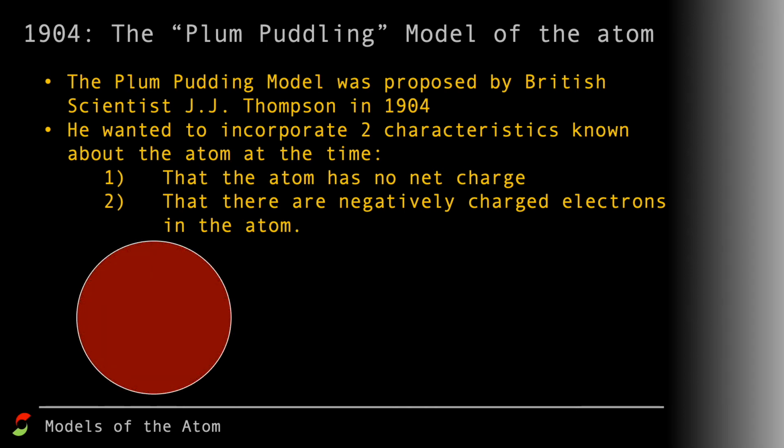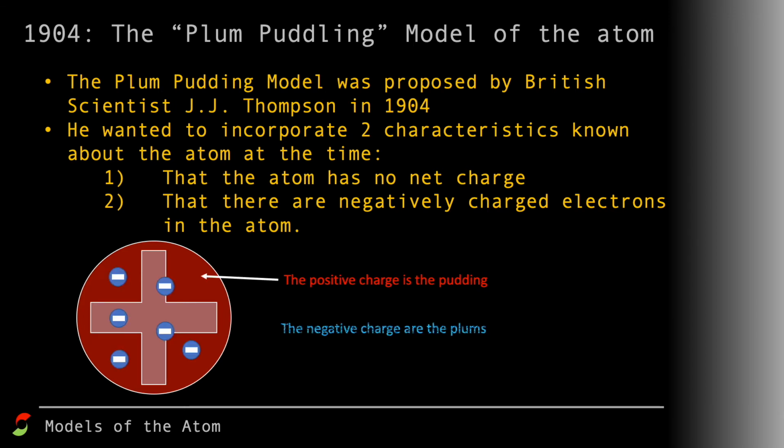So that meant that the Plum Pudding model had a positive charge, which was described as being the pudding. Then it was known that the electrons were in the atom as well, with the same amount of negative charge as positive charge, randomly distributed throughout the atom.